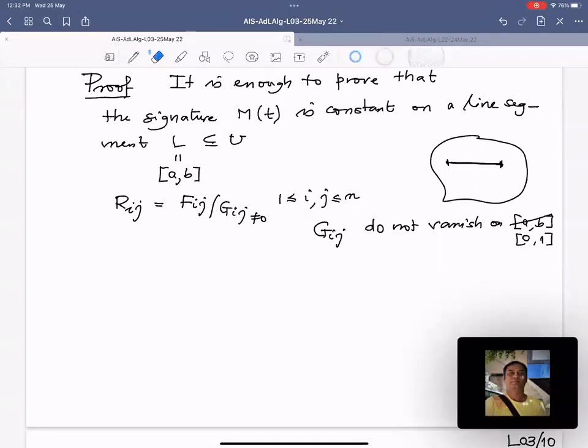Now let us take G equal to the LCM of the G_ij. These are polynomials, and that is a UFD. Therefore, LCM makes sense, and take that LCM.